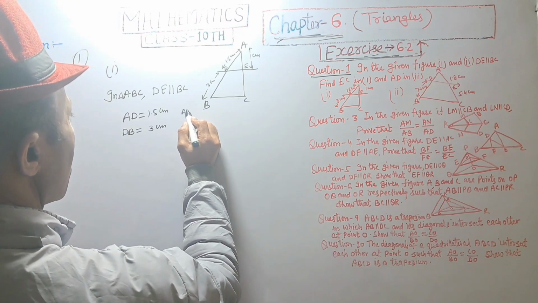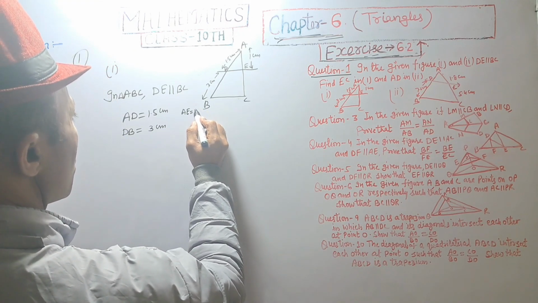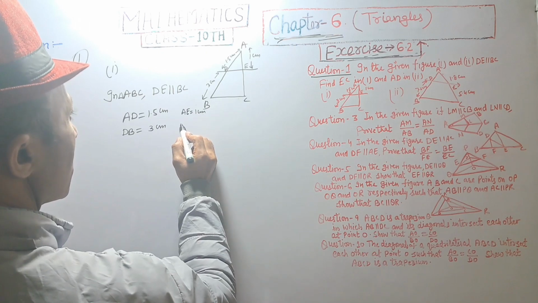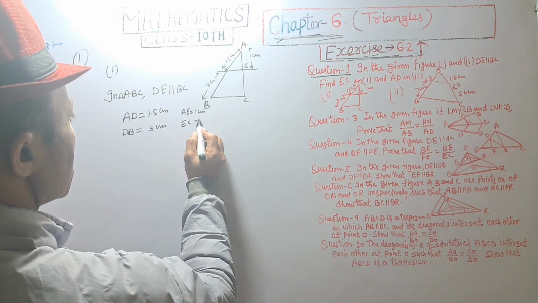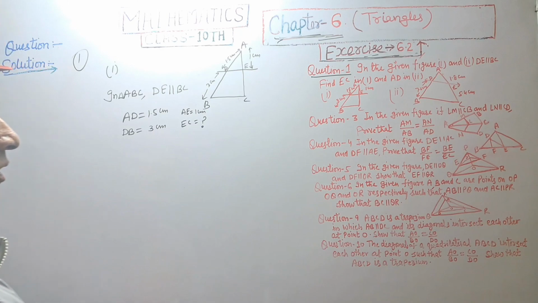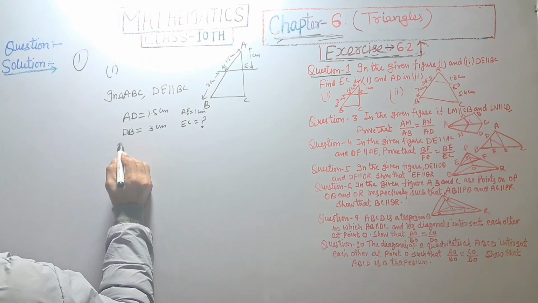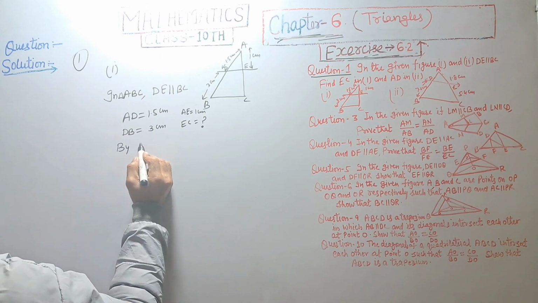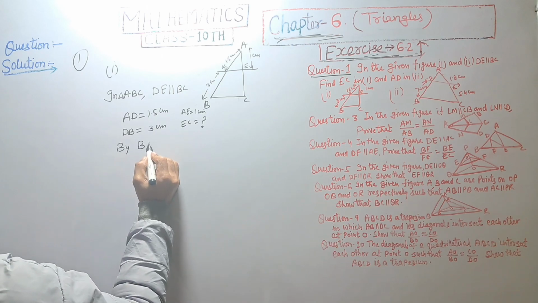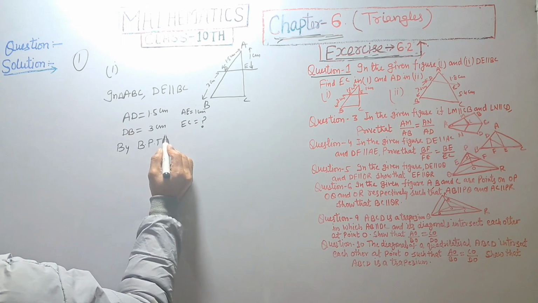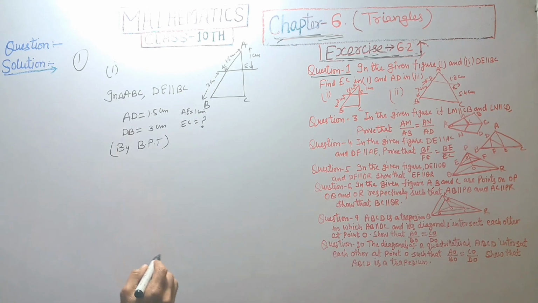AE is equal to 1 centimeter and EC we want to find, by basic proportionality theorem.